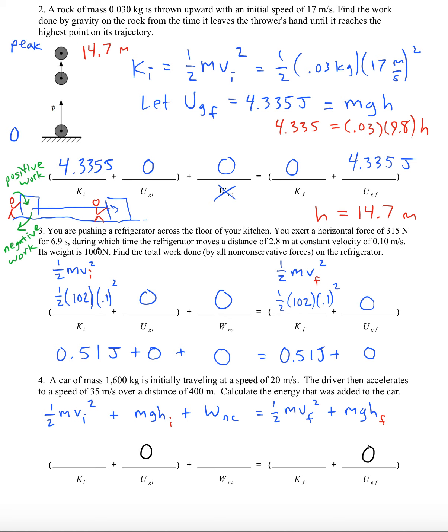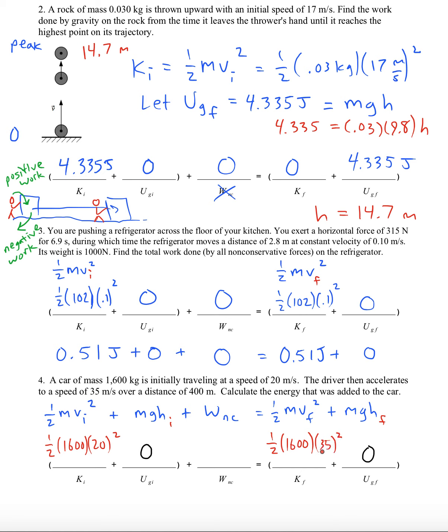So now let's find the kinetic energy that it had at the start. Okay, that's going to be 1/2 times 1,600 times 20 squared. Okay, how much kinetic energy did it have at the end? 1/2 times 1,600 times 35 squared.